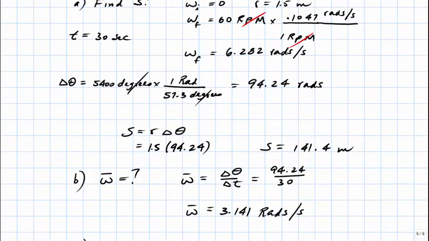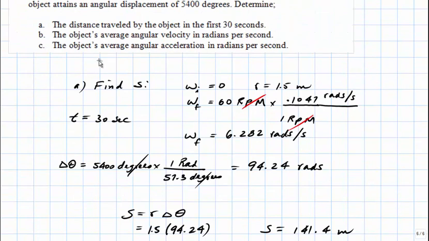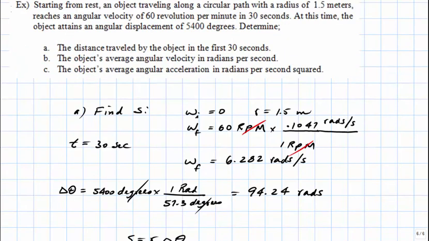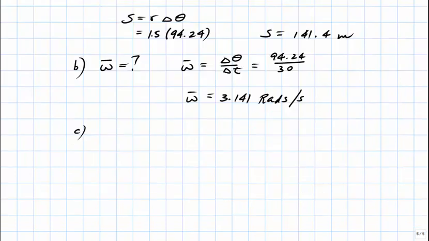In part C, we would like to determine the object's average angular acceleration in radians per second squared. And by the way, the word squared was missing earlier, so make sure you add it to your notes. Now, average angular acceleration is represented by alpha with a bar on top, and the equation for it is just the change in omega with respect to time.